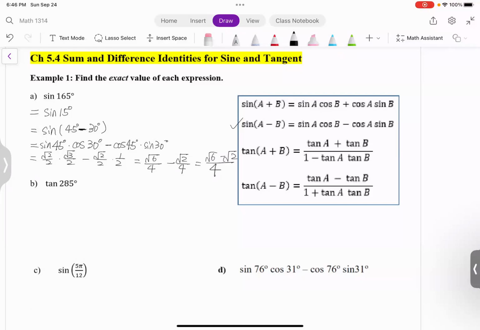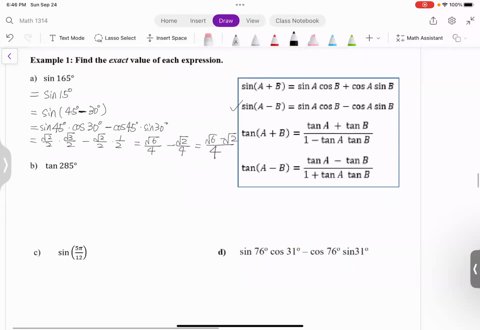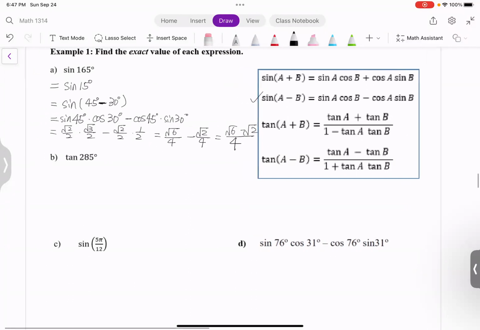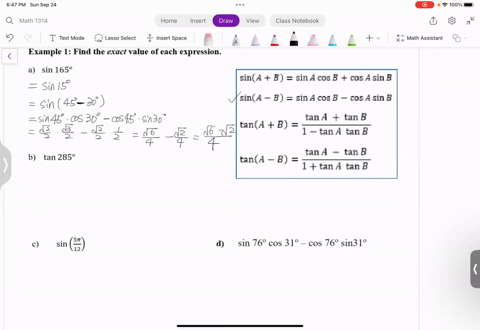This is tangent 285. So 285 is a big angle. Let's use the reference angle to find the reference angle and decide whether it is positive or negative. Let's see, where is 285? In the fourth quadrant. So this is 285.